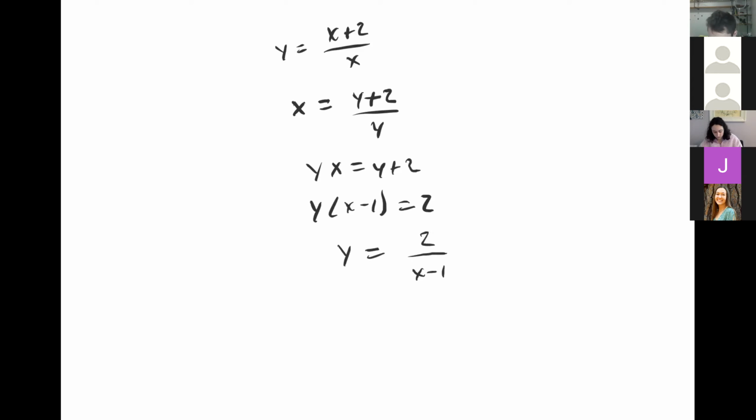So there are two ways to find the derivative. First is the straightforward way. So for the straightforward way, we just take the derivative of this thing. And then we get minus 2 over (x minus 1) squared. So do people believe me here?